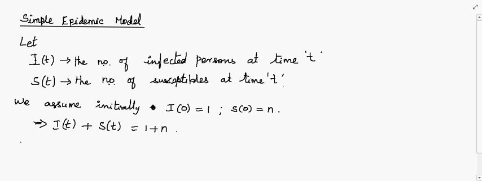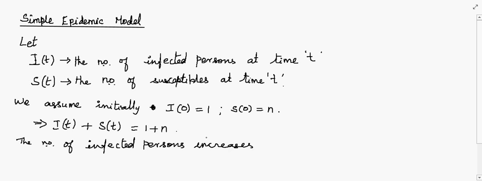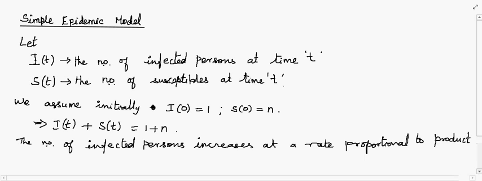So the number of infected persons increases at a rate proportional to the product of this I of t and S of t, the product of infected and susceptible persons.